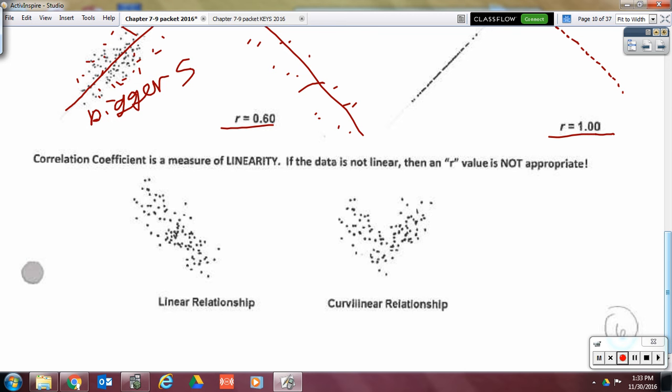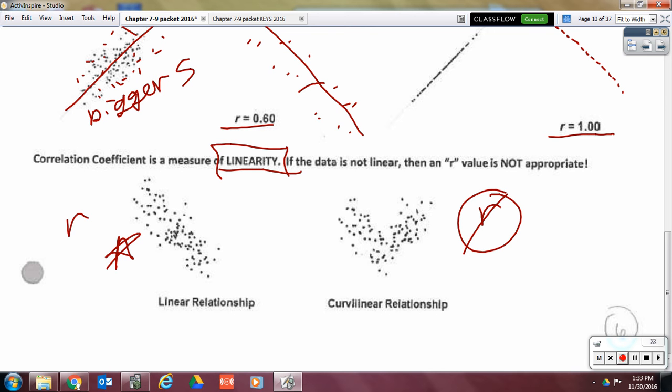I want you to keep in mind, and I've stressed this more than once, r is a measure of linearity. So it is appropriate to talk about the correlation coefficient with this first set of data because that's linear. It is not appropriate to talk about the r value with this second set of data because that's obviously some other kind of relationship that's not linear.